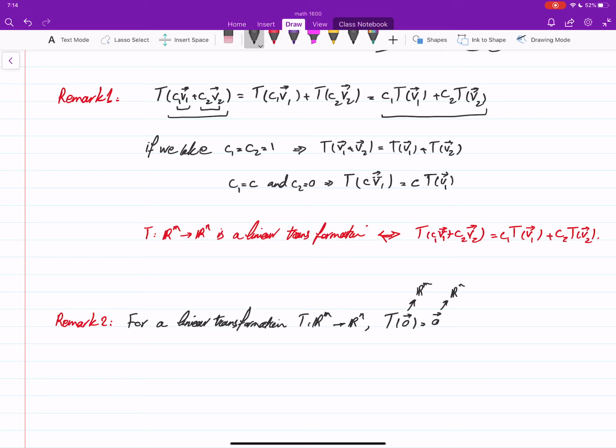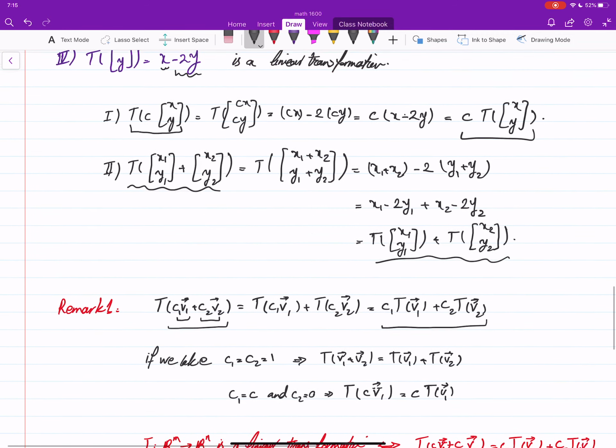Why is that? Because if I take c equal to 0, 0 times any vector is going to be 0 times T of that vector. But 0 times v is the 0 vector, and 0 times T of v is 0. So that means that a linear transformation sends the 0 vector to the 0 vector also. That's just something that you can use in some questions like this one.